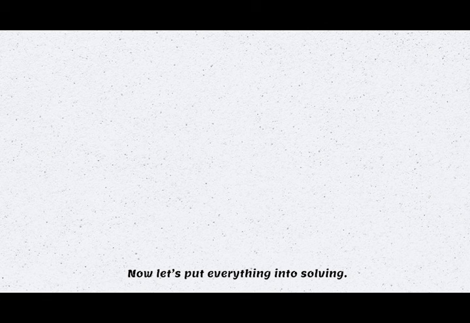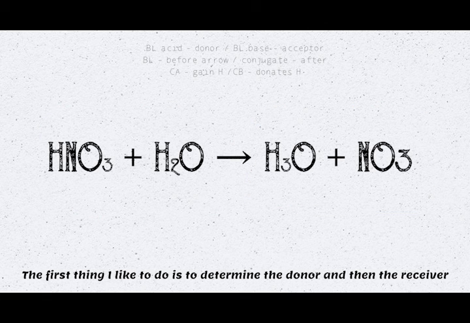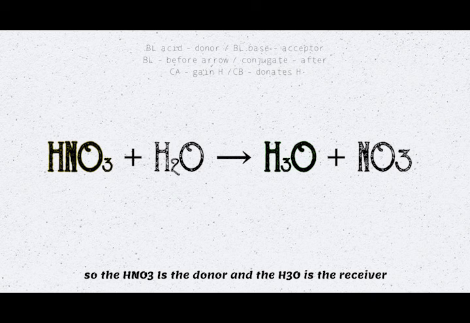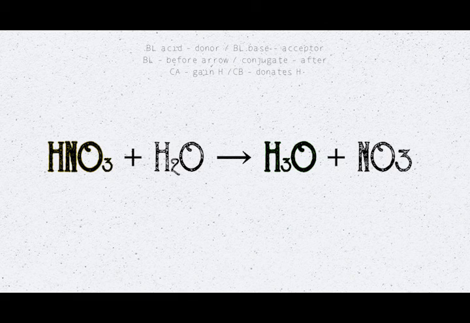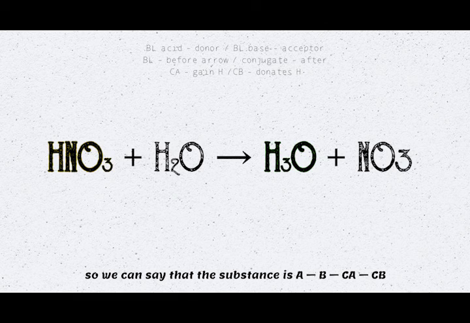Now let's put everything into solving. The first thing I'd like to do is to determine the donor and then the receiver. So the HNO3 is the donor and the H3O is the receiver. So we can say that the substance is ABCACB.